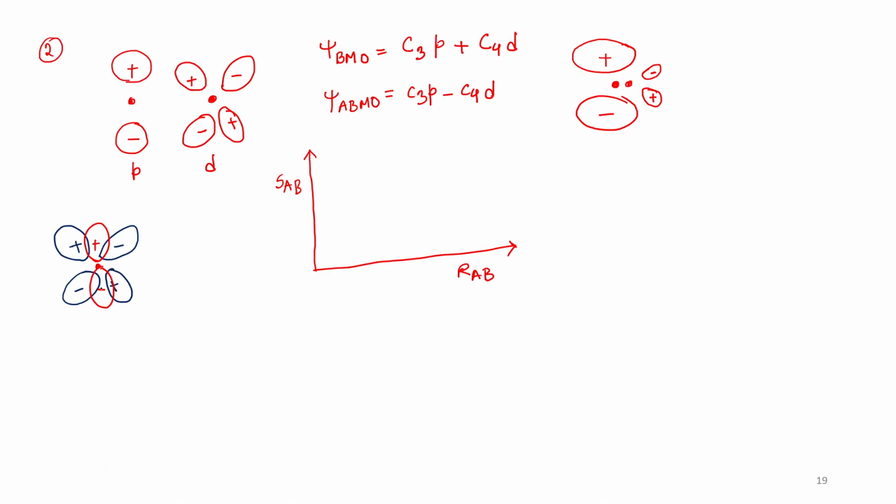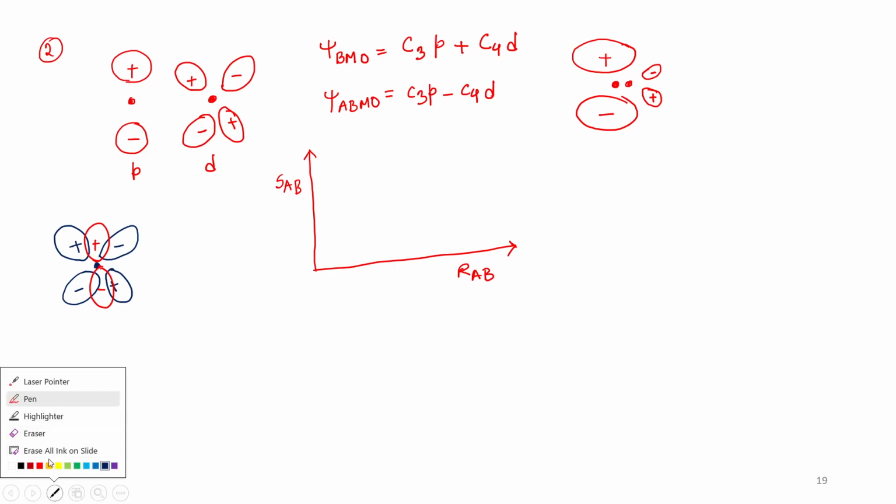You can clearly see the overlap, and if you integrate, plus plus, plus minus, minus minus, plus minus, eventually you can say that at 0 distance it will start from 0.